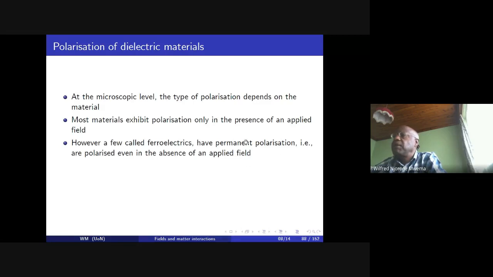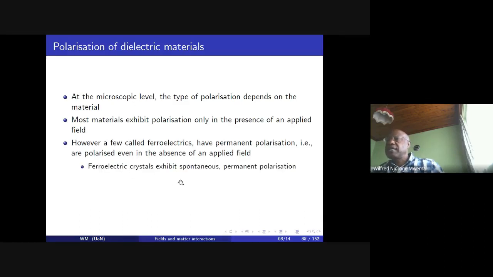Say, for example, the water molecule H2O. The shared electrons in the bonds surround the more electronegative atom, oxygen, and therefore oxygen acquires a negative charge, while the hydrogen acquires a positive charge, and that forms an electric dipole. It's because of this electric dipole that we have liquid water at room temperature.